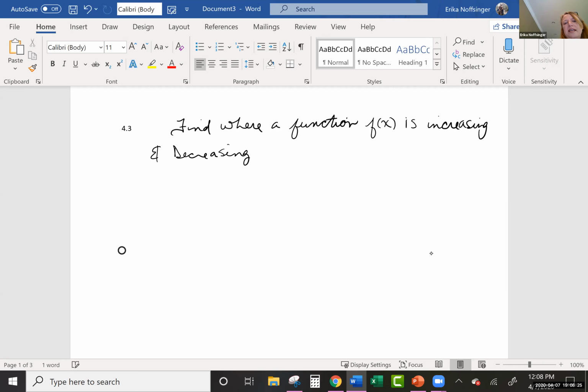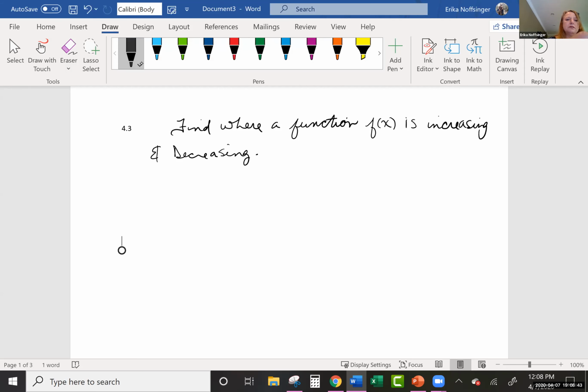So a couple of things have to hold when we're looking for where it's increasing and decreasing. So we need to know what the domain of our function is, because obviously it's not going to increase or decrease if that's not part of the function, if it's undefined there.